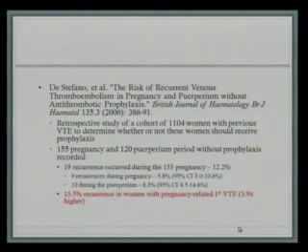Stefano also looked at the recurrence rate in his retrospective cohort, and he saw that of these 155 pregnancies in 88 women, there were 19 recurrences, which gave a recurrence rate of 12.2%. Most of them occurred in the postpartum period.